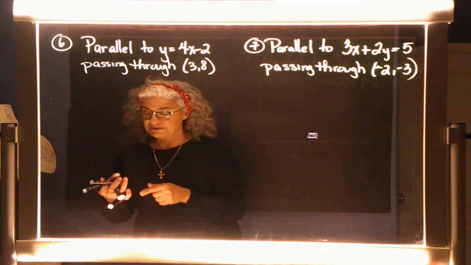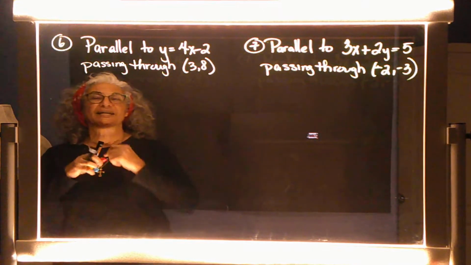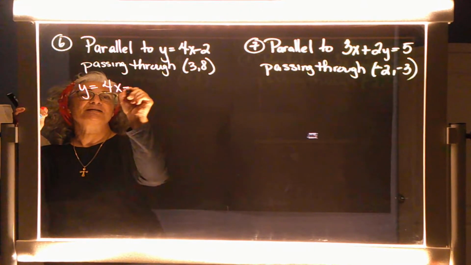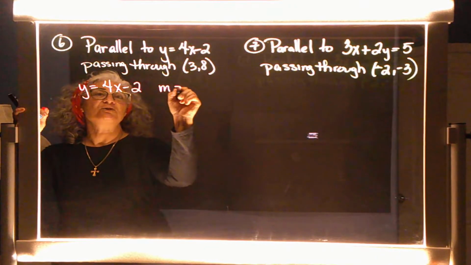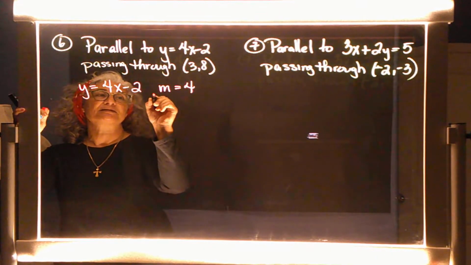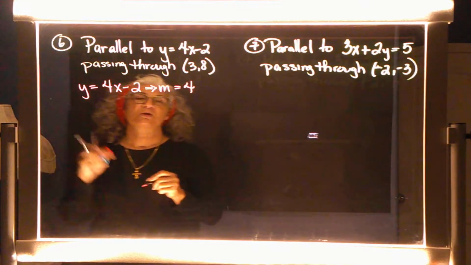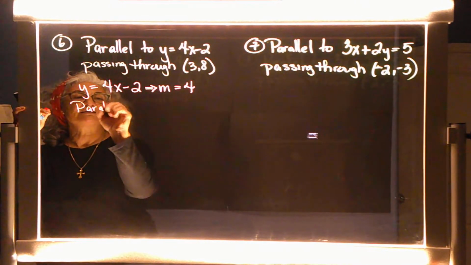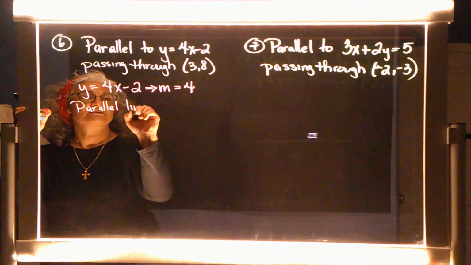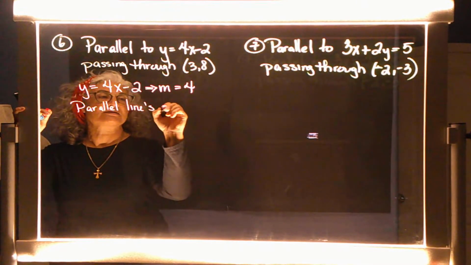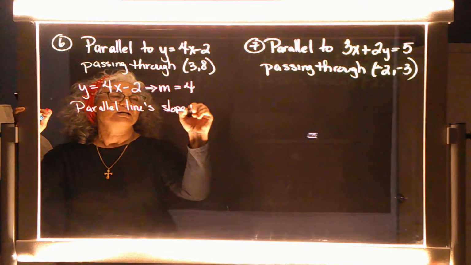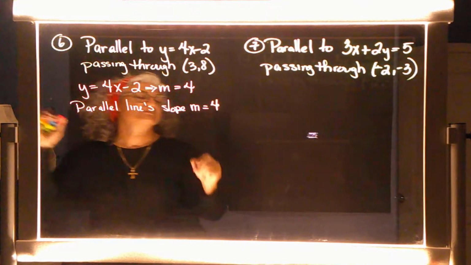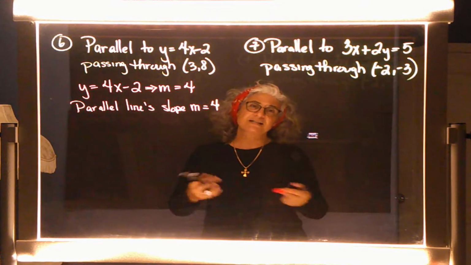So here's the deal. In the equation y equals 4x minus 2, the slope is equal to 4, isn't it? Well, my parallel line's slope must be m equals 4, because parallel lines have the exact same slope.